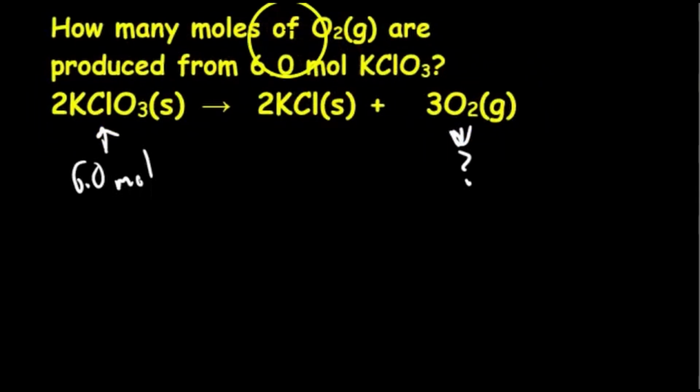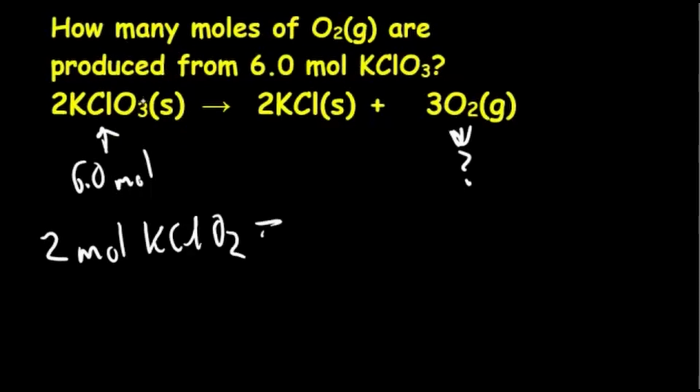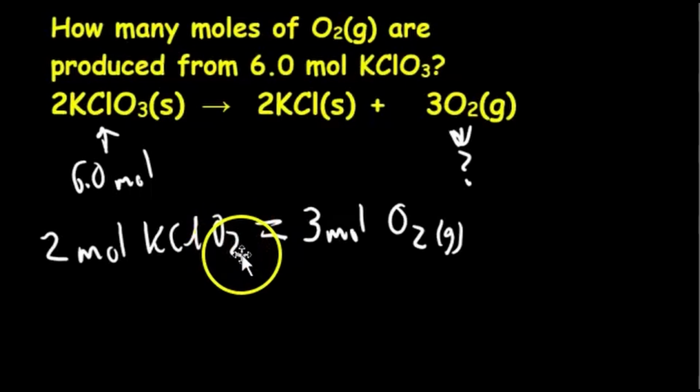Since we want to know information about oxygen, given information about KClO3, we have to go from moles of KClO3 to moles of O2. Our conversion here, just like what we did with grams and moles, is 2 moles of KClO3 equals, now this really isn't equals, I'm not sure if any mathematicians are watching this video, but it helps us set up this relationship, 3 moles of O2 gas.